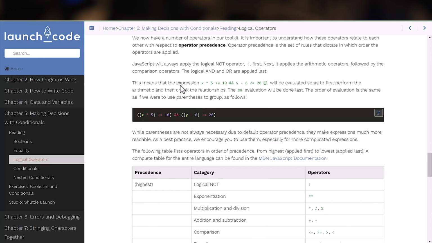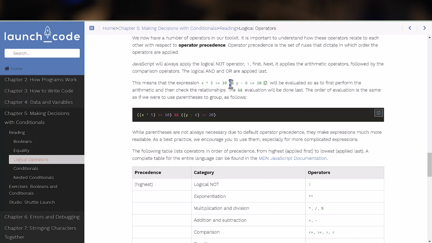JavaScript will always apply the logical not operator, the exclamation point, first. So remember PEMDAS? Well, this is the order of operations for operators. Next, it applies the arithmetic operators, followed by the comparison operators. The logical and and or are applied last.